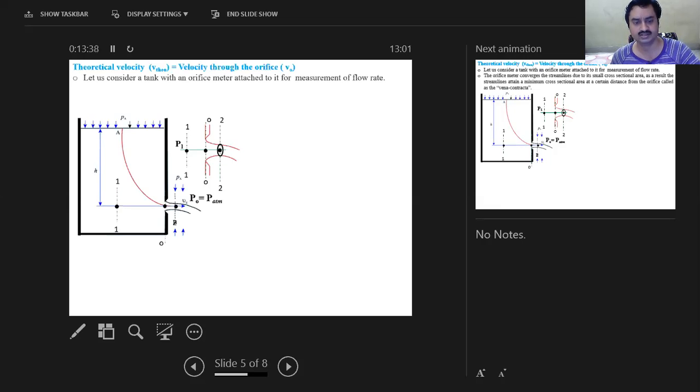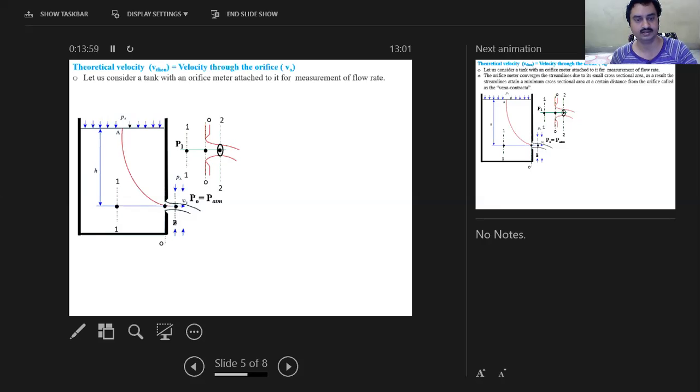Okay, so it's just an opening through which the water can come out. So this is an orifice. This is a tank. Besides that, you have got a small opening. So that opening is nothing but an orifice. Okay, so our purpose is to find out the velocity of flow at the orifice.